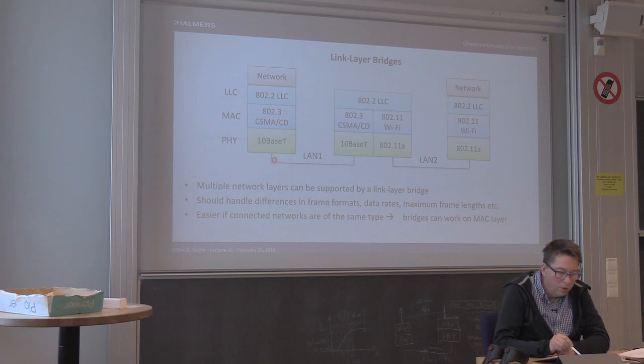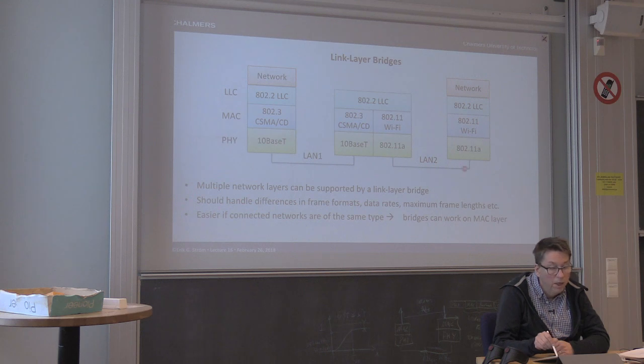So suppose we have now two LANs here, one here and one here, and we want to connect them together. An end device on this LAN would like to talk to an end device on this LAN. So what type of LAN is this?